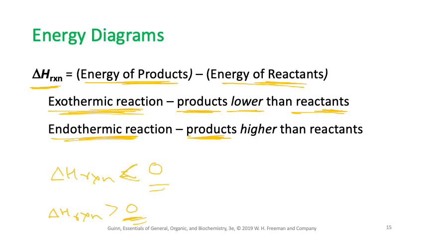So the product has more energy compared to the reactant that we started with, right? Make sure you remember these things. This is important to understand the concept of endothermic and exothermic reactions. Let's do some problems based on this concept that we just learned and apply the concept. Let's go to the next slide.